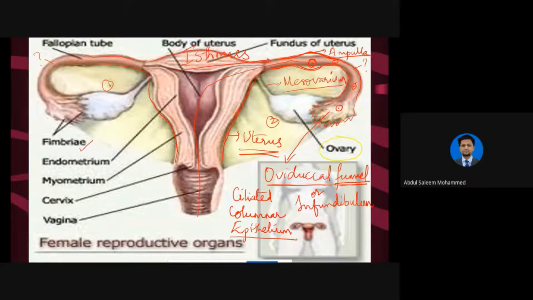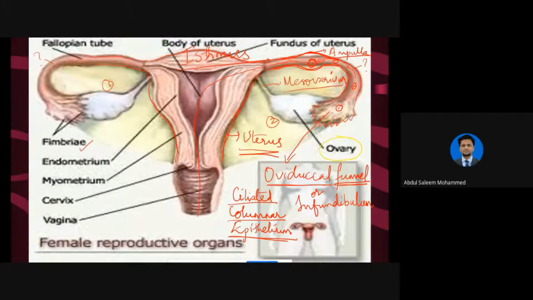So that when the ovum is engulfed into the oviduct, it is directed towards the ampulla. This epithelium helps in the movement of the ovum from the infundibulum until it reaches the ampulla. So that is about the parts of the female reproductive system.